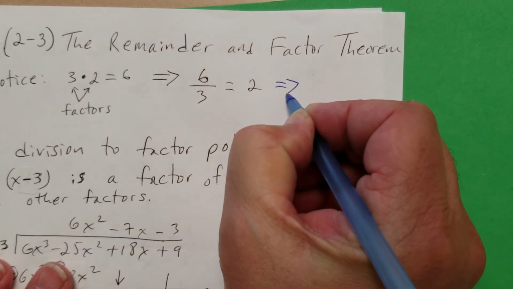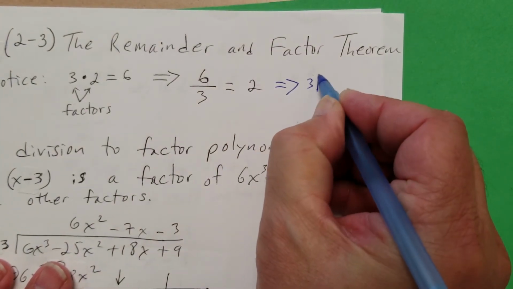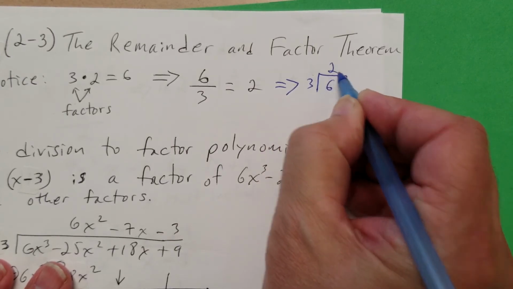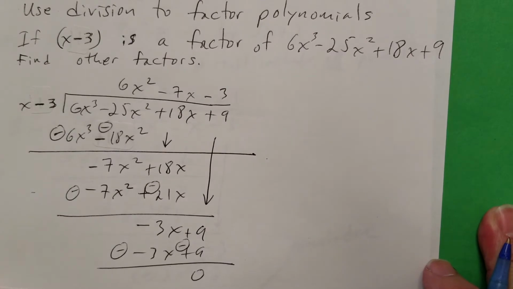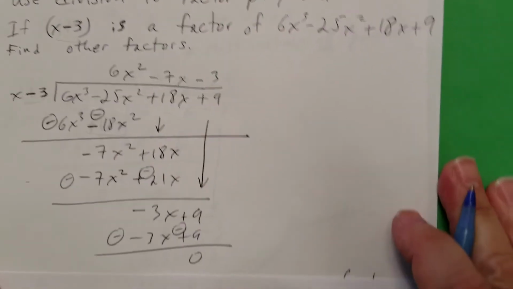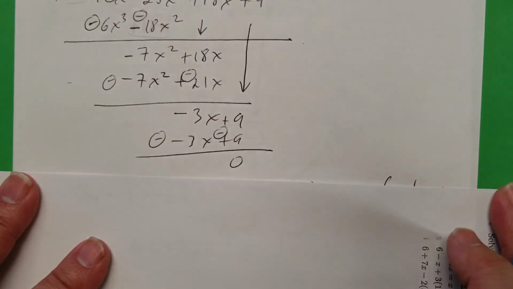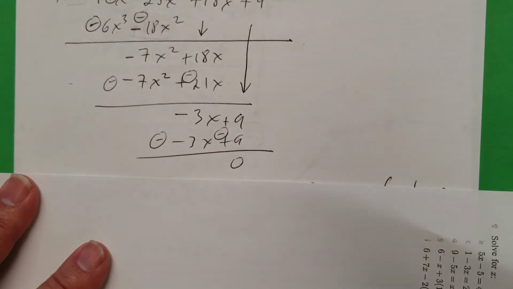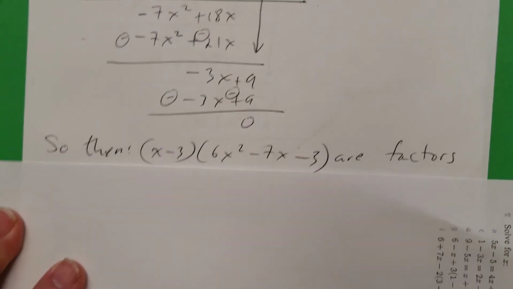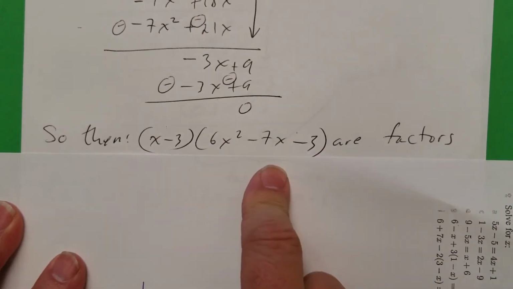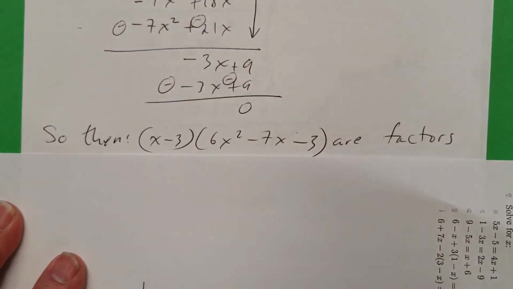This can also be written like this, right? 3 into 6 equals 2, right? So when there's no more to bring down, then you're done. You got the factors, okay? Now, I can write the factors like this, right?